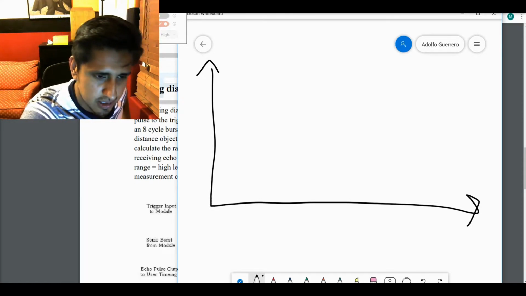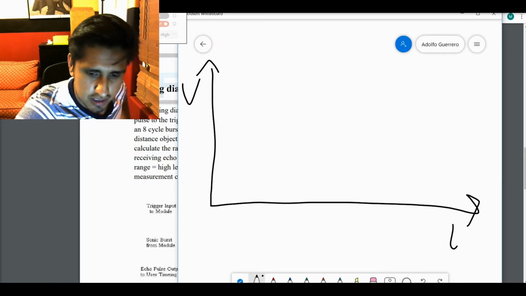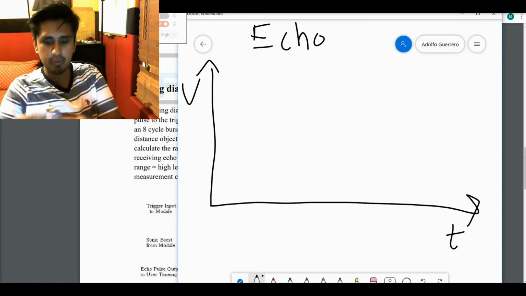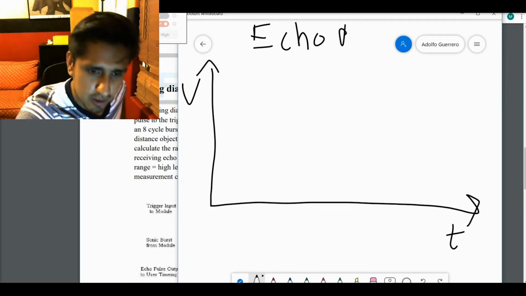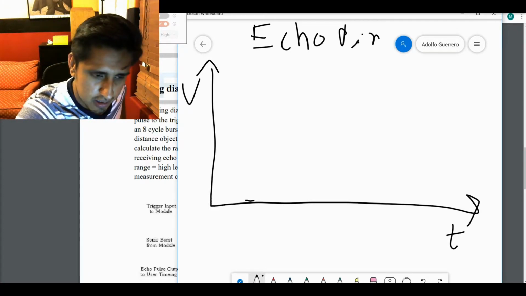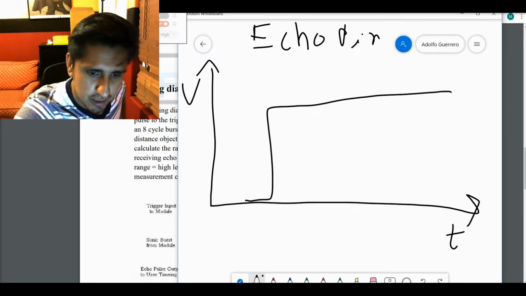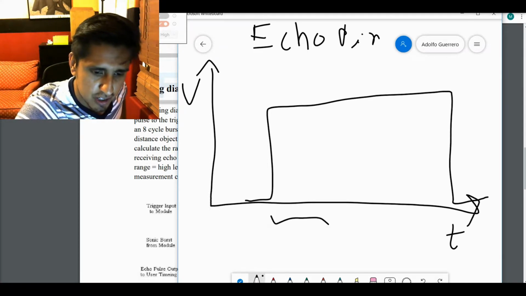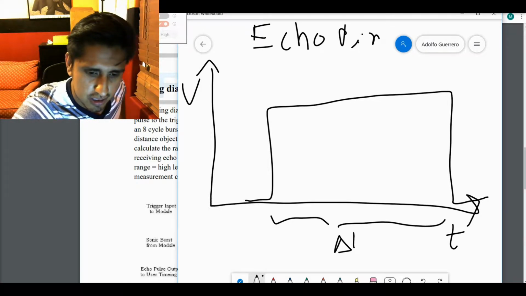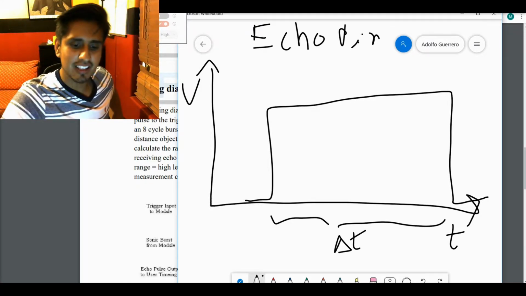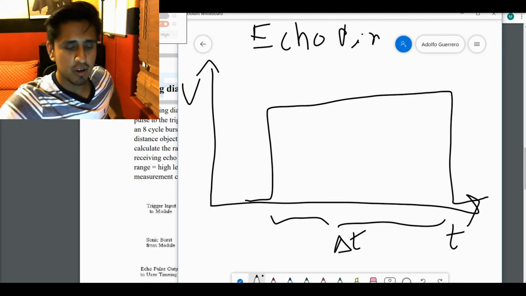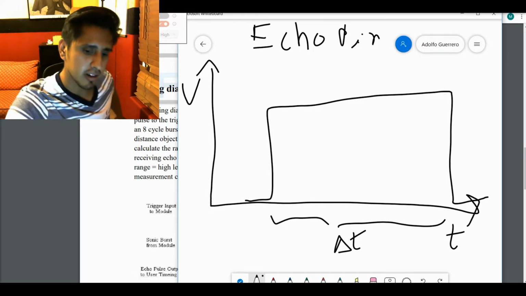So this is voltage, this is time, and this is the echo pin output. We will see exactly where the echo pin is, but it's pretty much one of these pins right here, and the output will be this pulse signal with a certain duration, delta t. And this delta t is exactly what I just mentioned. It's how long the sound wave took to travel forward to the object and then bounce back.